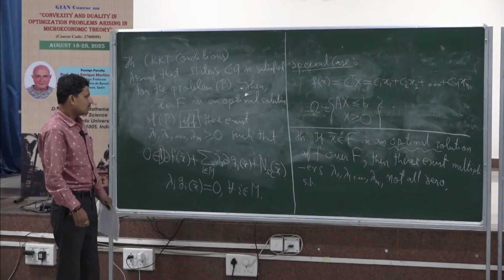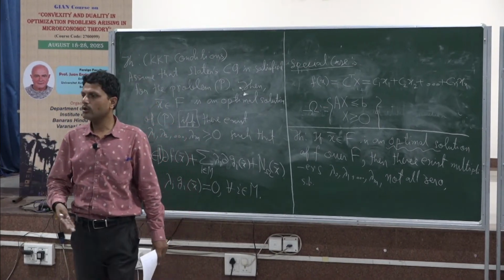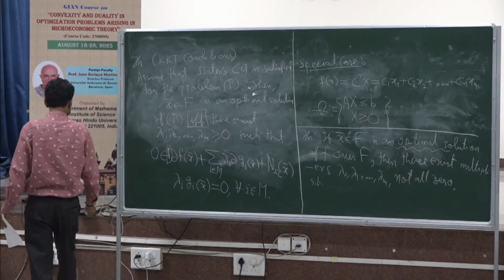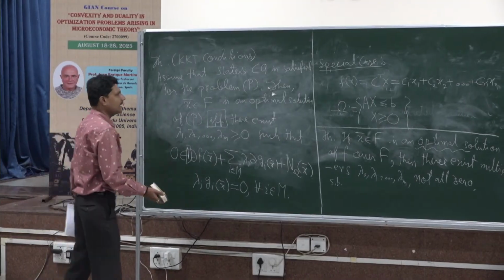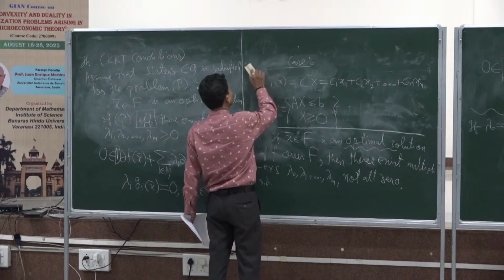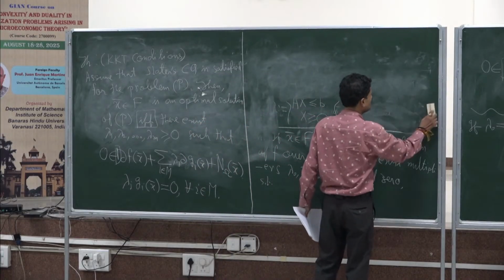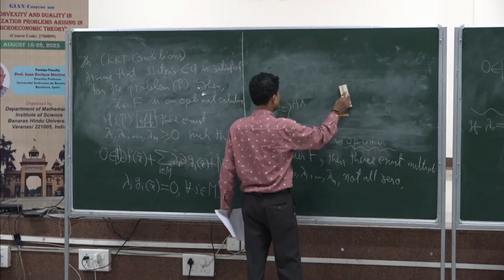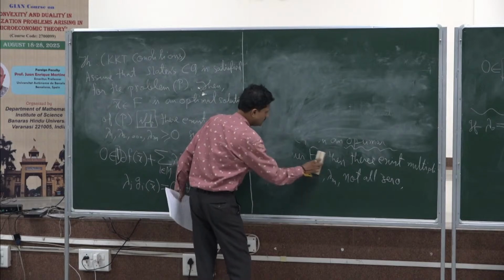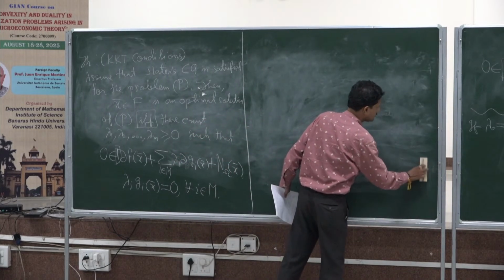So what we have to show now is that this lambda naught cannot be equal to 0 under the extra condition that we have imposed, which is known as Slater constant qualification. So we prove it by contradiction, right.